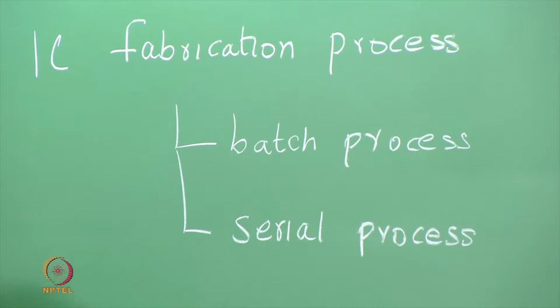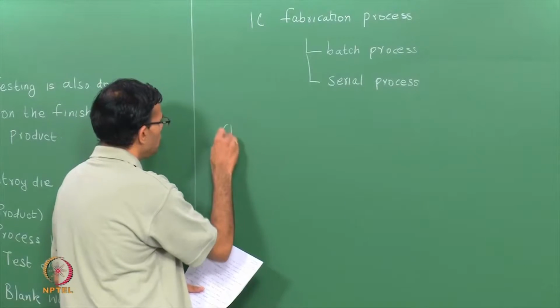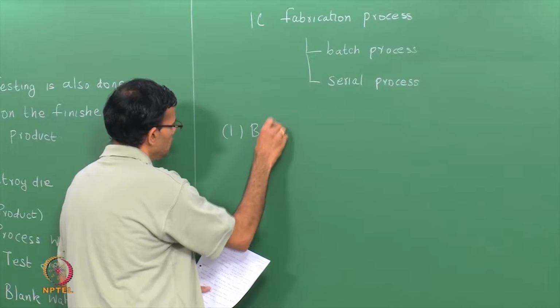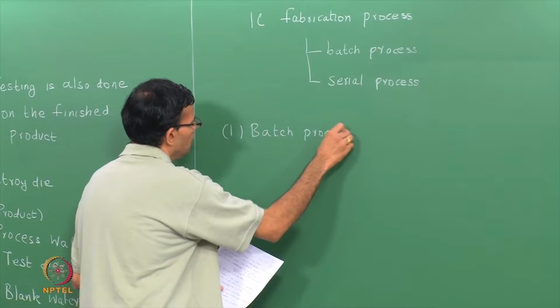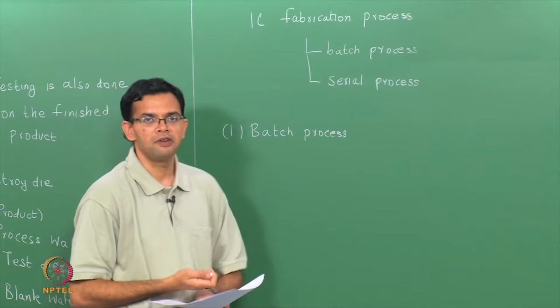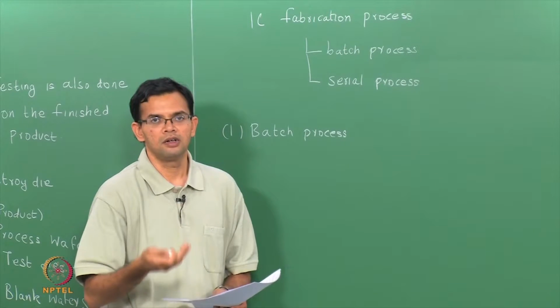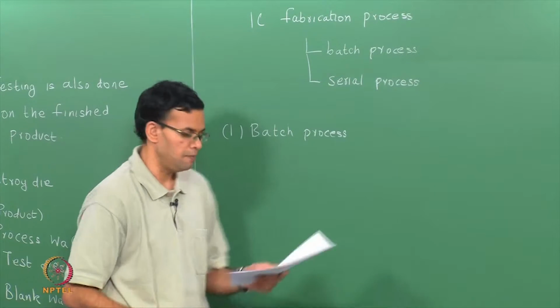So, this is one broad way of classifying the processes. A batch process is one where more than one wafer is processed at the same time.